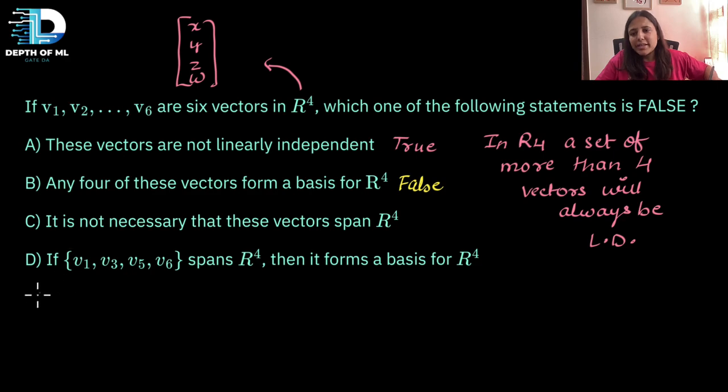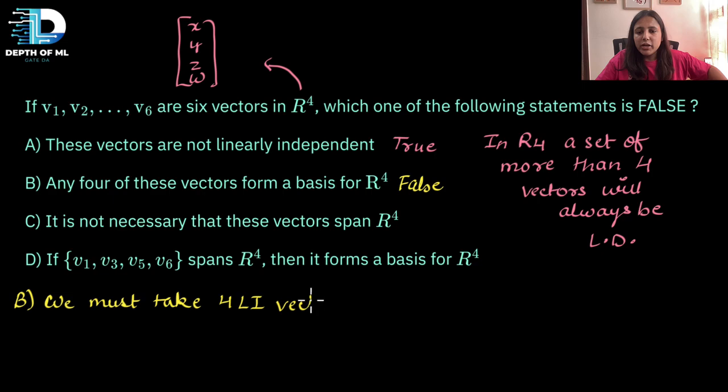Okay, so the explanation for this is that we must take 4 linearly independent vectors. We don't know what these vectors are, right? They have just given us V1 to V6. All I know is that these can be vectors of the form, say, V1, 2V1, 3V1, 4V1 and 5V1, or 6V1, right?